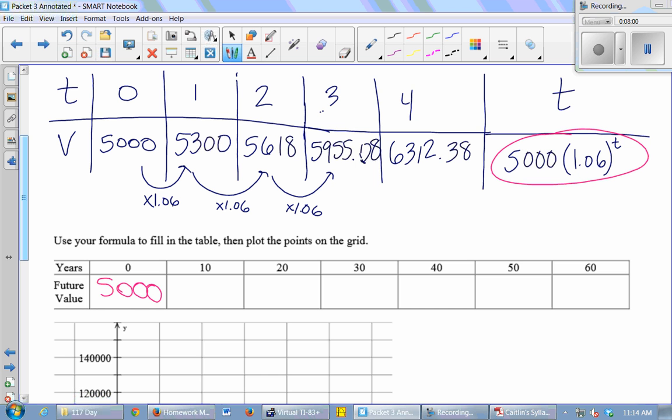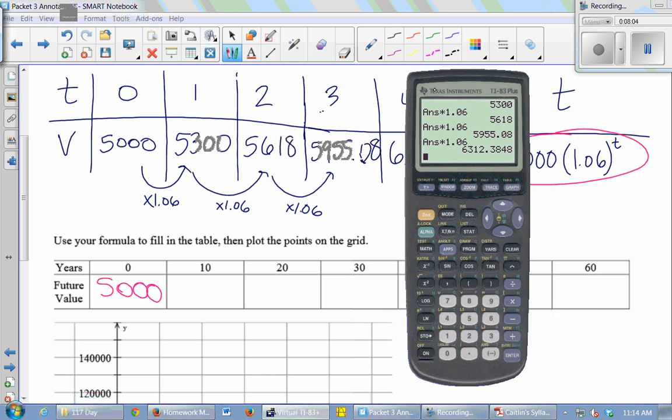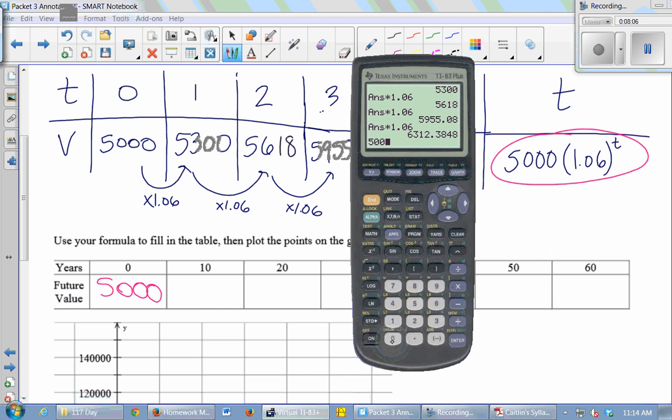We know that. 10 years later, I've got 5,000 times 1.06 to the 10th, because multiply by 1.06 each year for 10 years. So that means you're going to multiply by 1.06 10 times. That's to the 10th. And I get $8,954 and 23 cents. And I'm always rounding down.